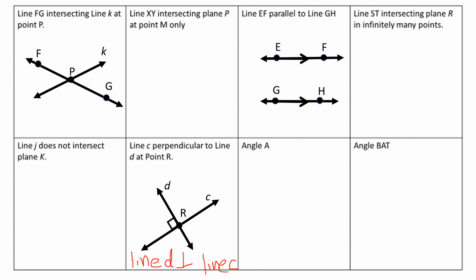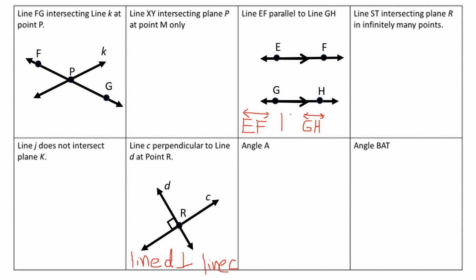We have a similar thing for E to F and G to H. Up here, we could say instead that EF, using our arrow notation, and GH are parallel.